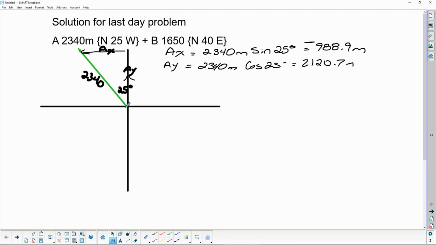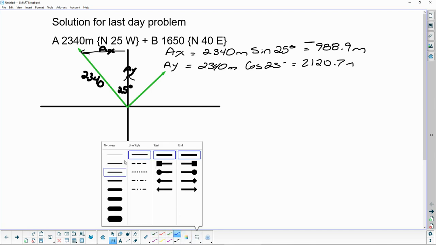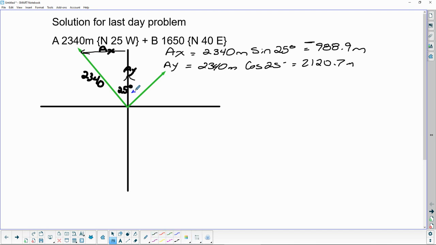Our second line is slightly shorter and it's going northeast, so it's basically over here. And it's a little shorter, so we'll make it a little shorter. And this is 40 degrees instead. So this is our BX, and our BY is along the same north line.